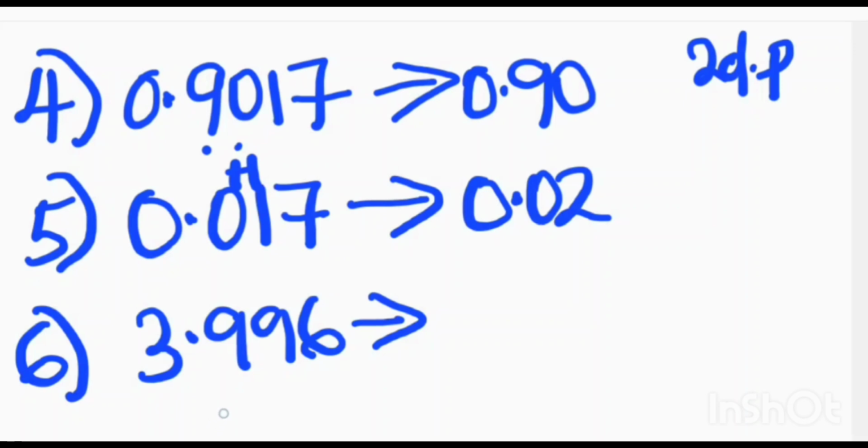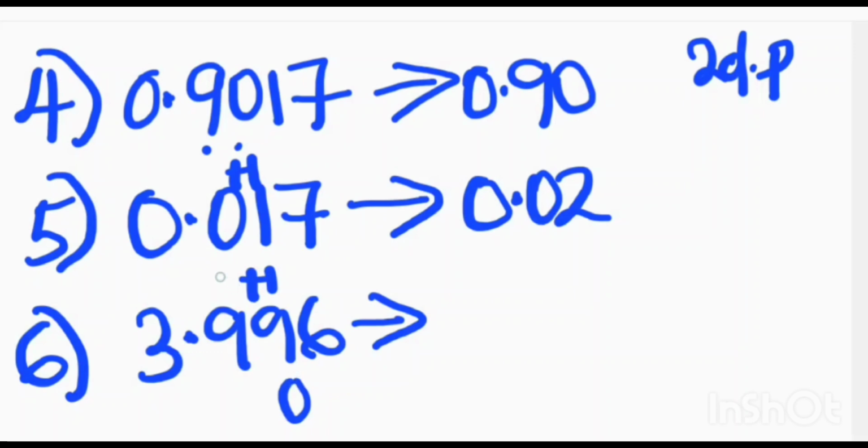Now, the sixth number is a bit tricky. Okay, so we're supposed to, as usual, pick two numbers after the decimal, which is the decimal point here. So the two numbers are 9 and 9. But first, we're going to consider the number in front of it, and that is 6. Is it up to 5 and above? Yes. So because of that, we'll add 1 to this, and that is 10. Can we write 10 together? No. If we do write 10 together, it's going to be more than two numbers after the decimal.